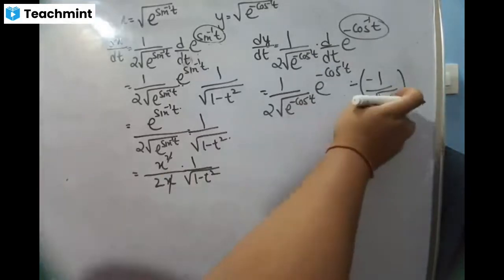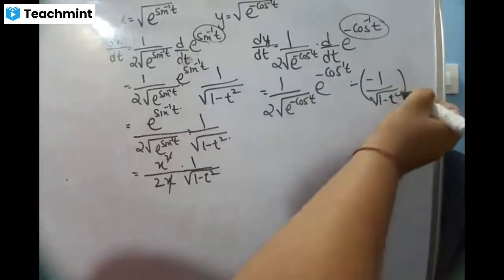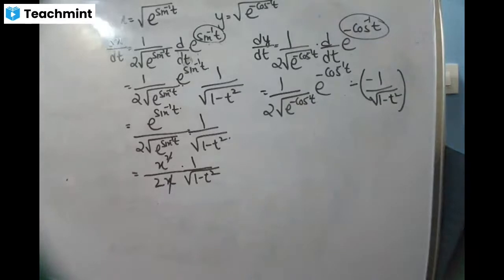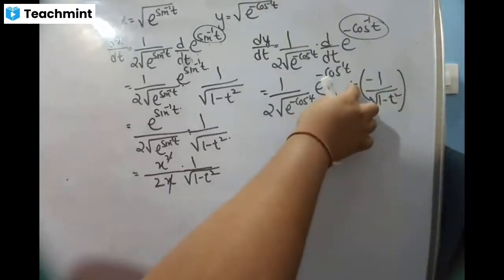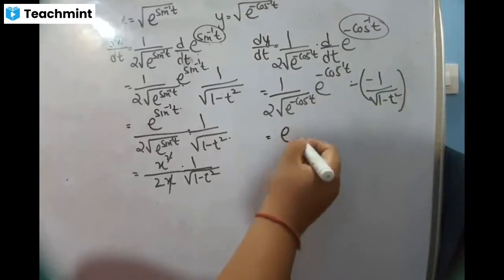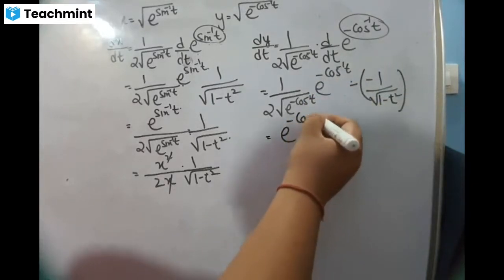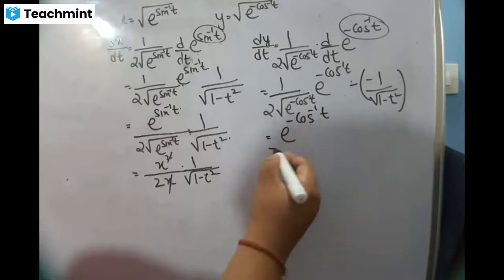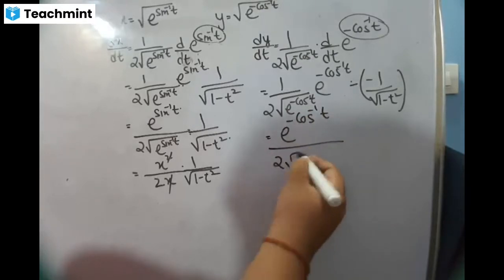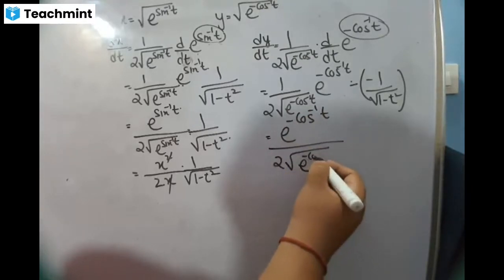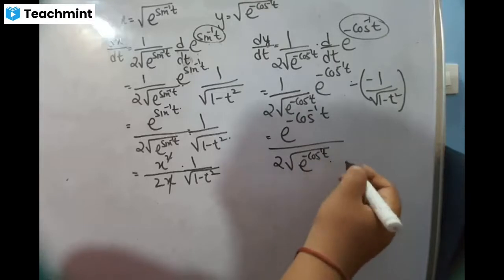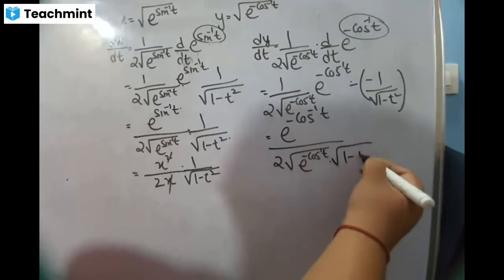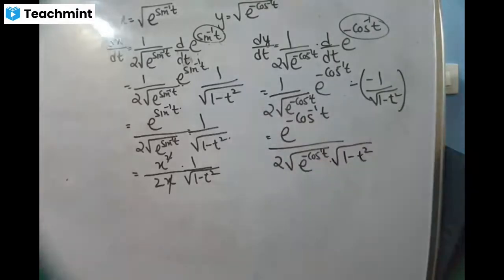Sorry, not x square, it is t square. It is t square. Okay. So when you simplify this further, what do you get? Minus into minus becomes plus. So you get e to the power minus cos inverse t divided by 2 under root e to the power minus cos inverse t into under root 1 minus t square.